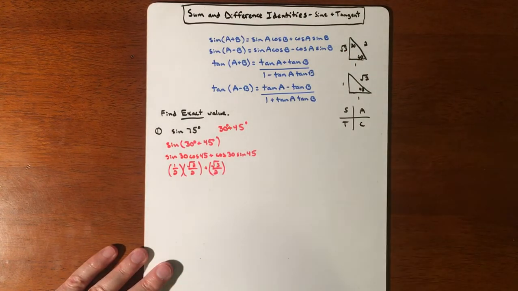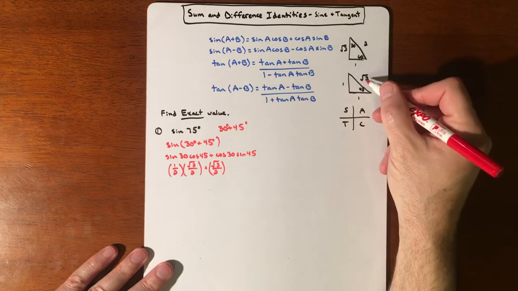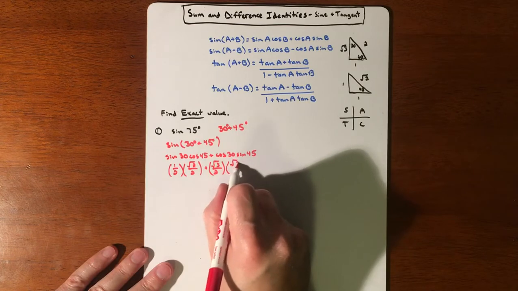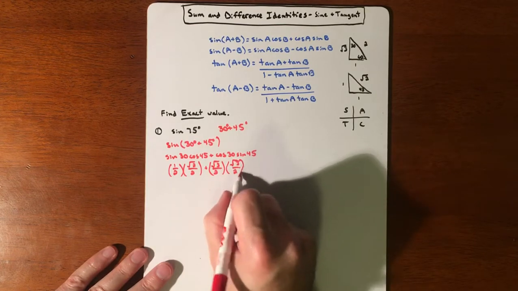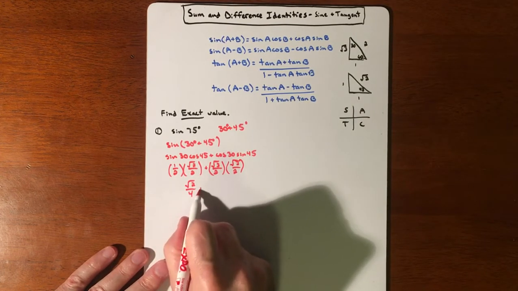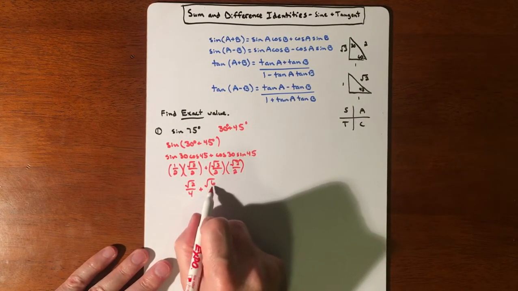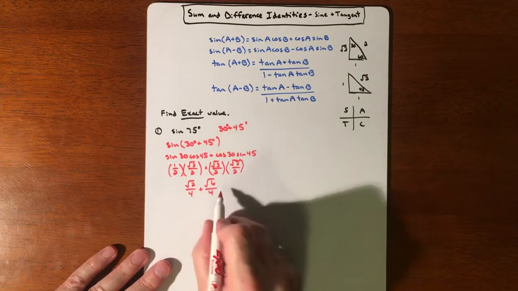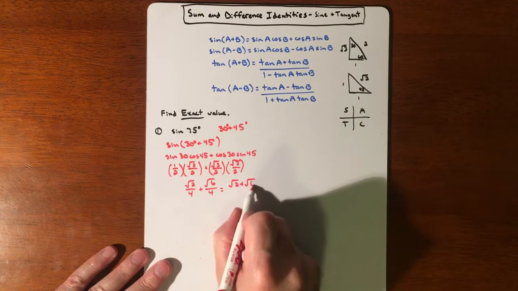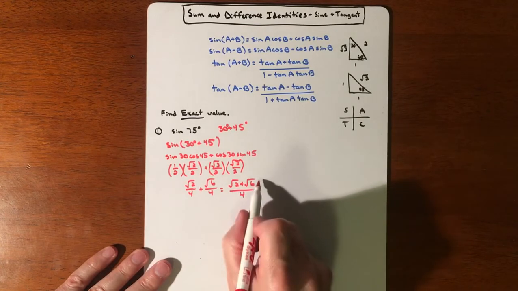And then sine of 45 is opposite over hypotenuse, so 1 over root 2, which rationalizes to root 2 over 2. And then we have a root 2 over 4 plus a root 6 over 4, which turns out to be root 2 plus root 6 over 4.